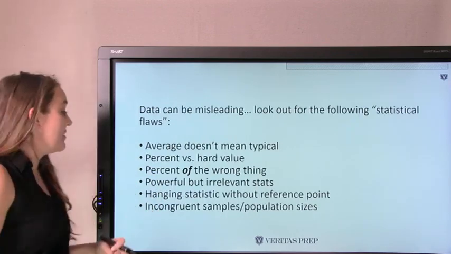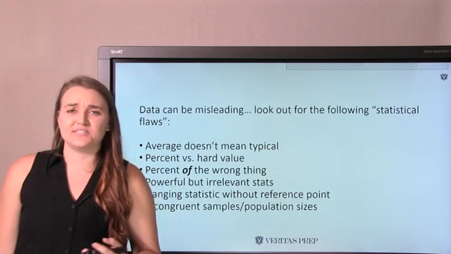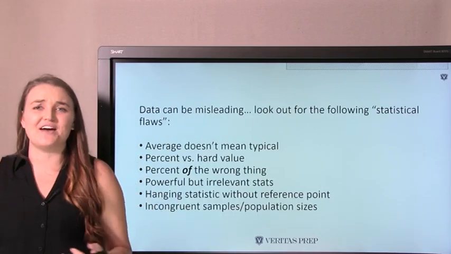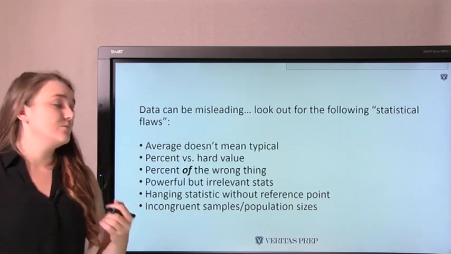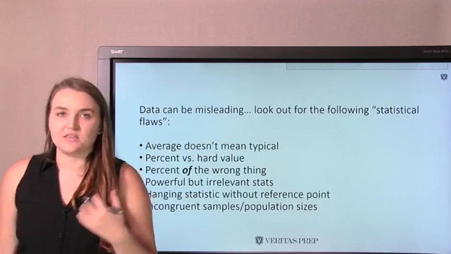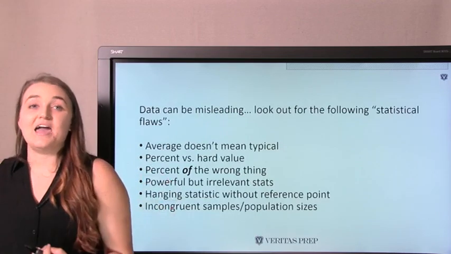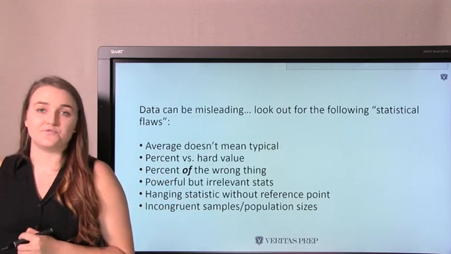We want to make sure that we look out for powerful statistics or seemingly powerful statistics that just don't have a meaningful or relevant connection. And just as in quant, we're taking the percent of the right thing and we look out for the difference between the use of percents versus hard values.